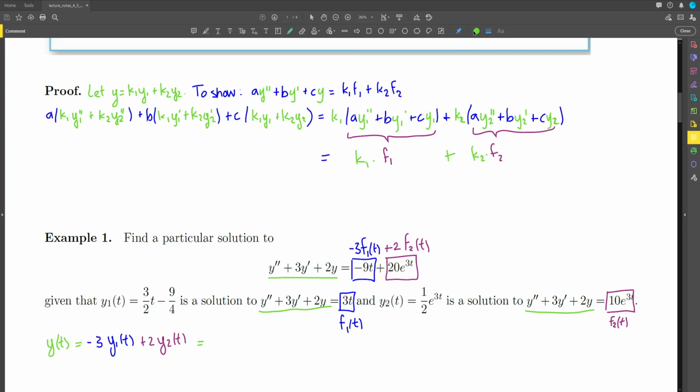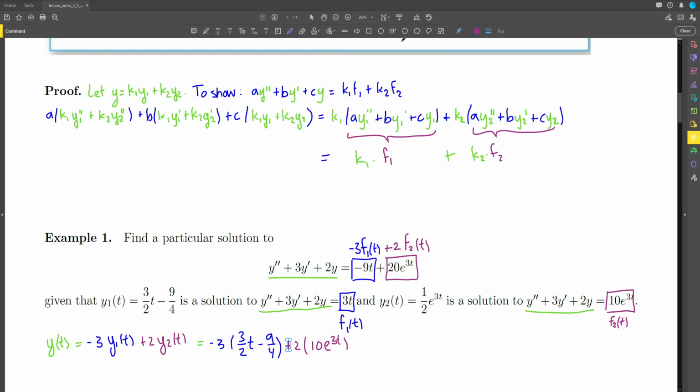So we'll write that out. We then get negative 3 times y1, which is 3 over 2 t minus 9 over 4, and then plus 2 times y2.